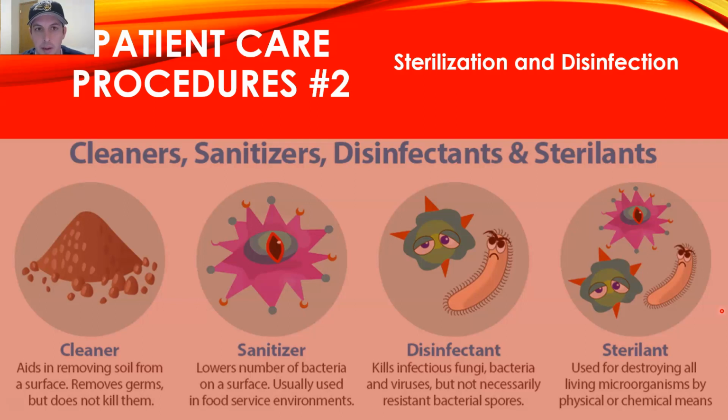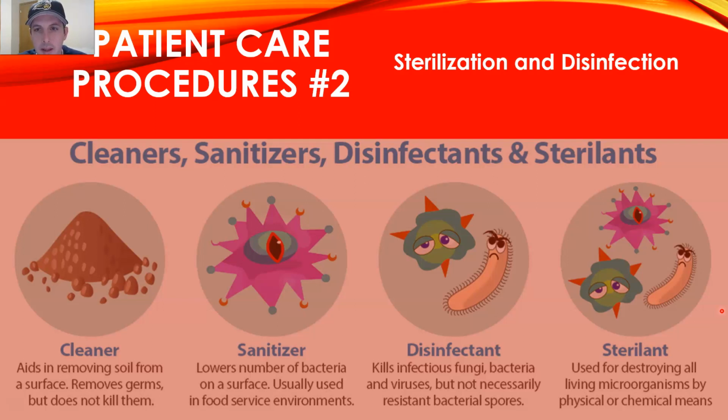So we're going to pick up now with the second half of our patient care procedures lesson series. And we ended last time quickly moving through some of the overall rules and regulations concerning the treatment of medical waste and disinfectant and the prevention of pathogen transmission.